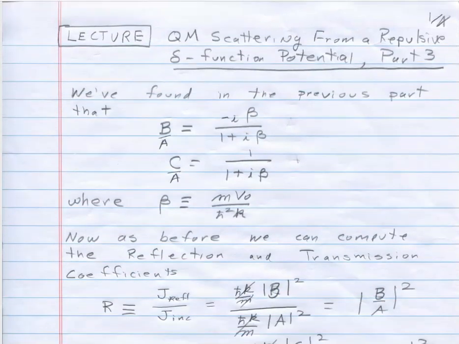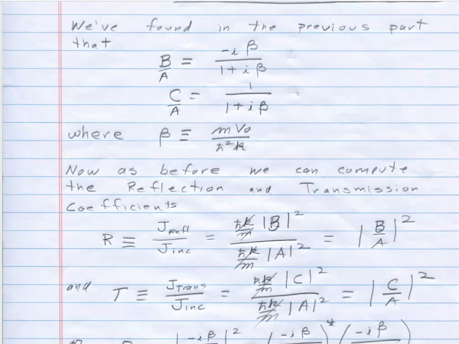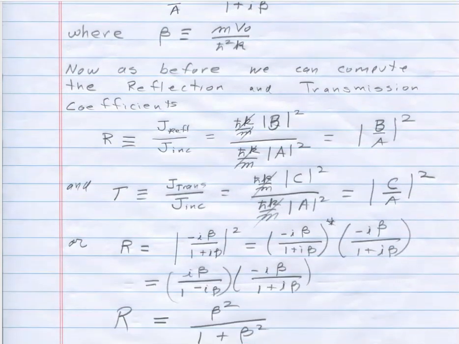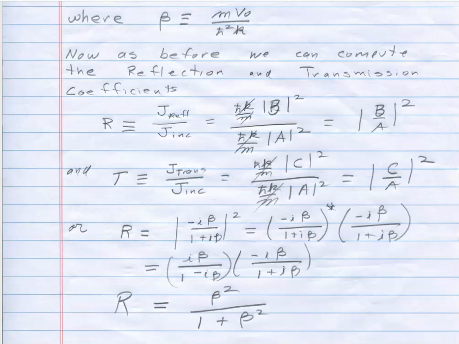And like we've done before, we can now compute the reflection and transmission coefficients. The reflection coefficient is just J reflected over J incident, and we have had expressions for those. It's calculated exactly the same way as we did earlier for the J's, which are the probability current densities.